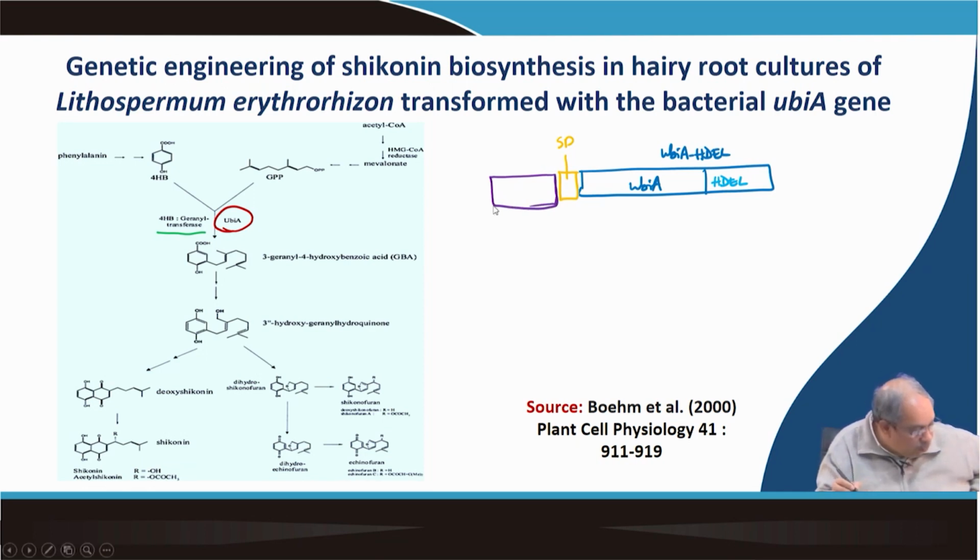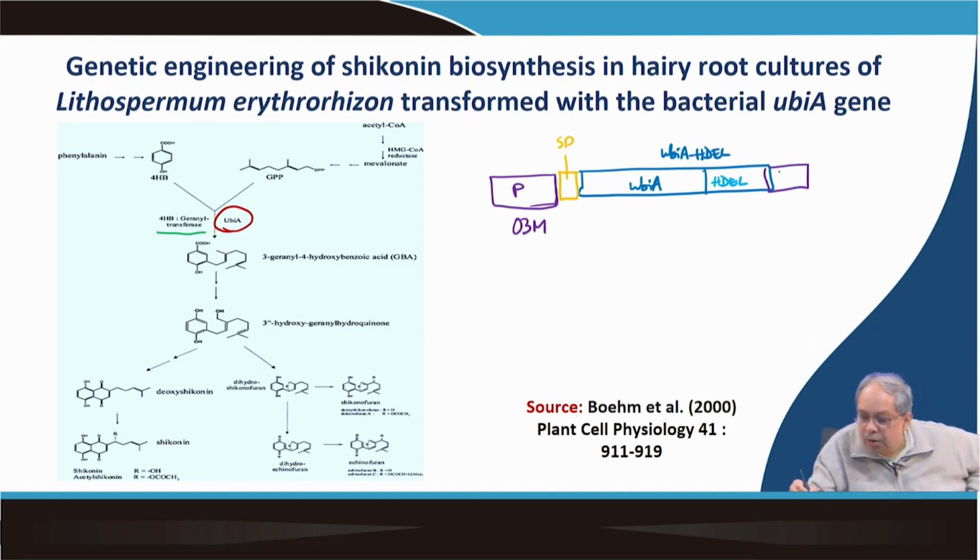This is a very strong promoter we use, which is called O3M promoter, which is octopine synthase 3 with a mannopine synthase promoter. That is a very strong promoter, and then they put a terminator here, NOS.